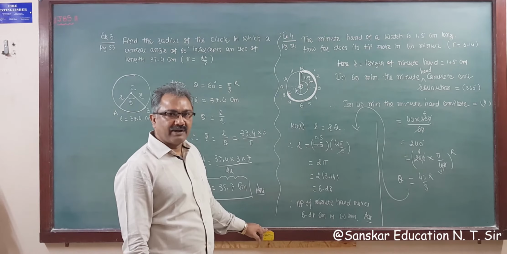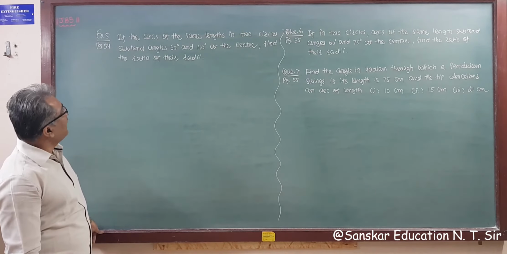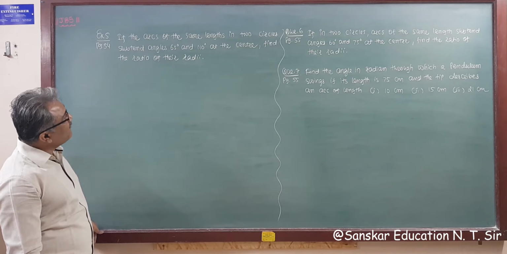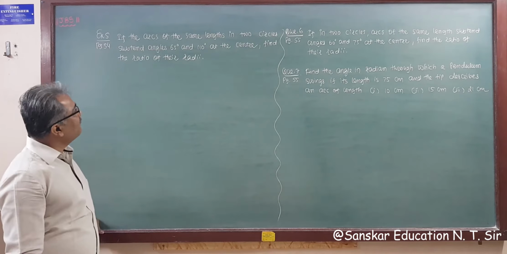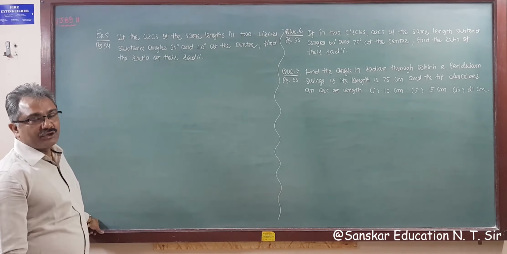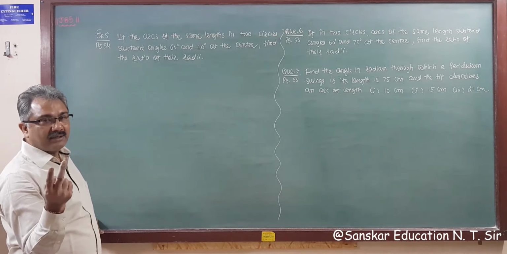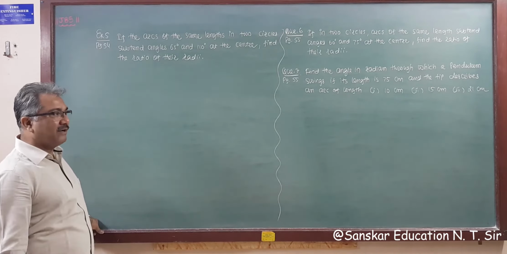Okay, fine. Example 5, page 54. If the arc of the same length in two circles subtend angle 65 degree and 110 degree at the center. So given two circles and the length of the arc in both circles are equal, right?